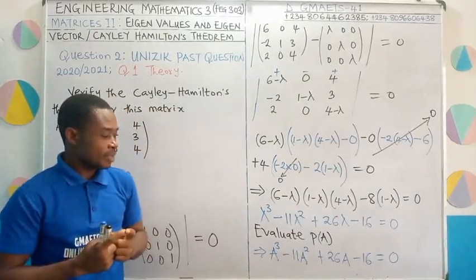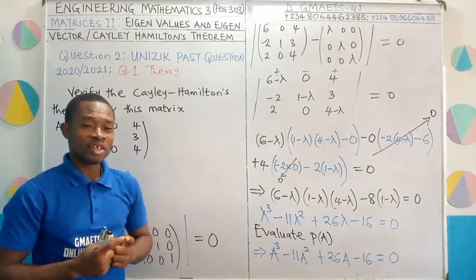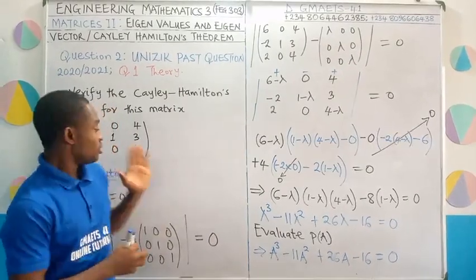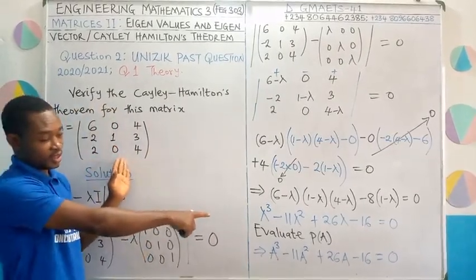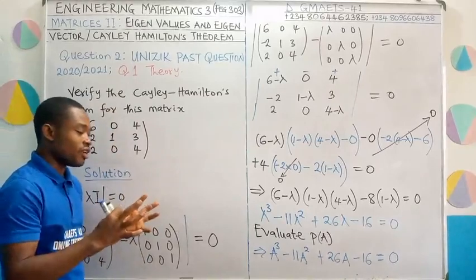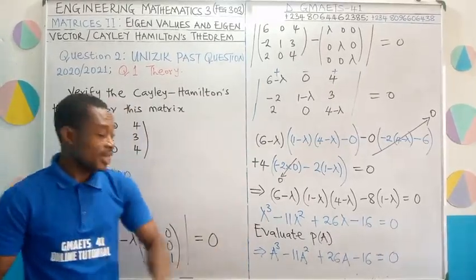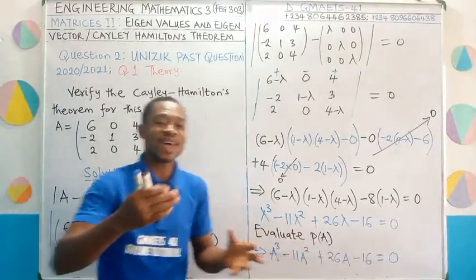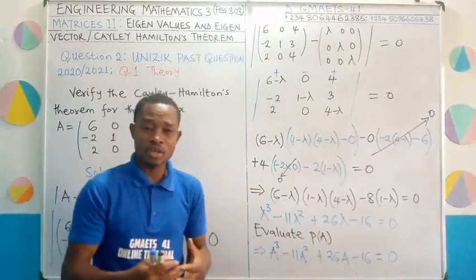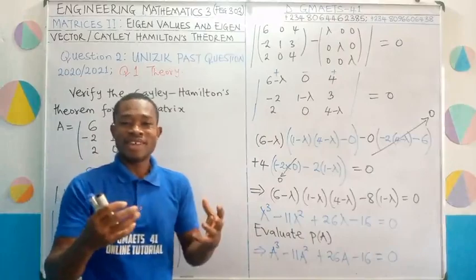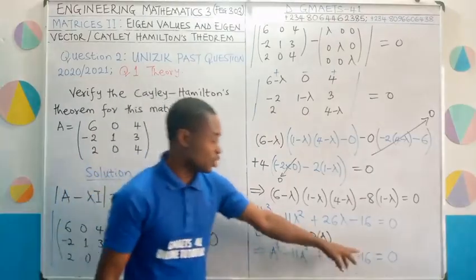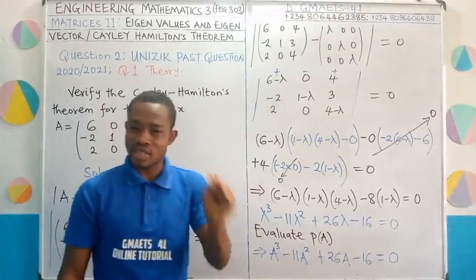Is that okay? So let us do the substitution and see. To fix in the value of A, this matrix, we fix it into this equation, and then obtain the value of A cubed, A squared, and simplify that. But to do that, this 16 is a constant. You cannot add or subtract a constant, okay, from a matrix. Therefore, this 16, which is a constant, has to be converted to a matrix.